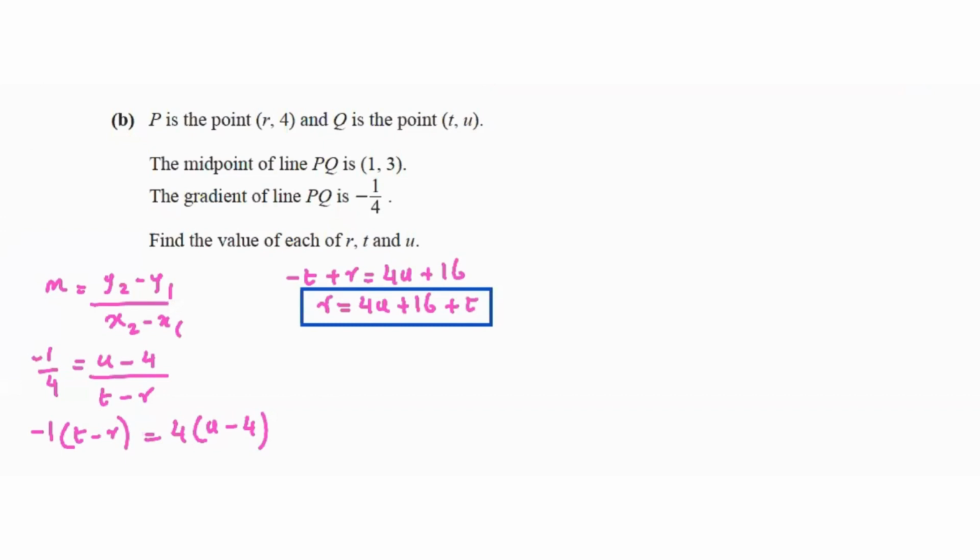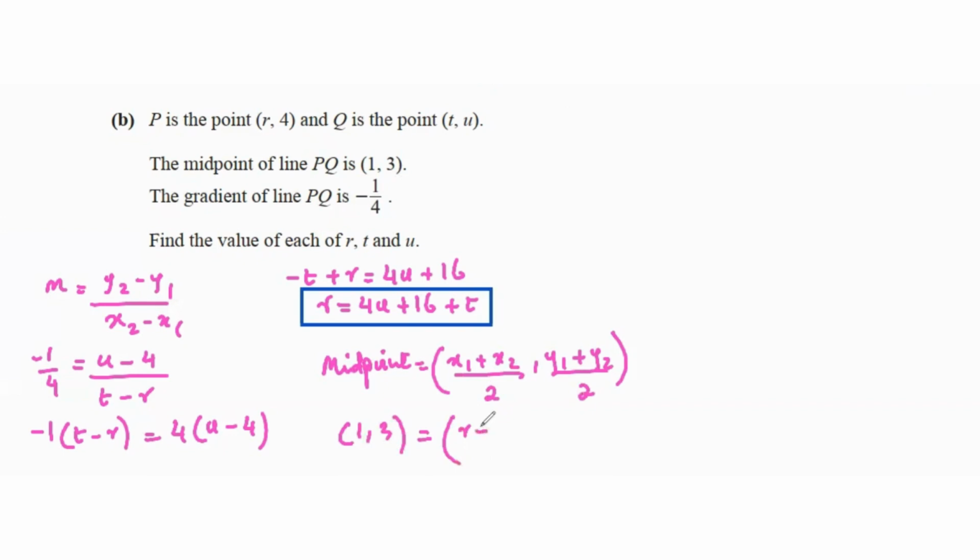Now I'm going to move to the next information, which is the midpoint. Midpoint has the formula of (x1 plus x2) over 2, comma (y1 plus y2) over 2. Midpoint is given as (1, 3). So we'll do (r plus t) over 2, comma (4 plus u) over 2.